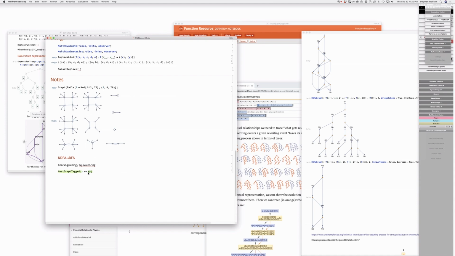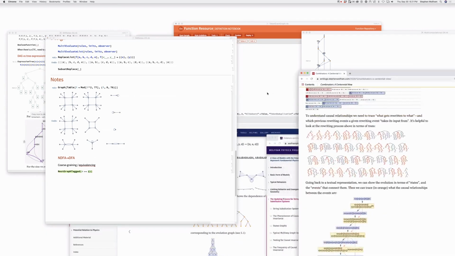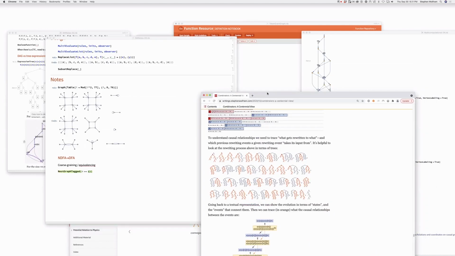It's the same thing as with a non-deterministic Turing machine. If there's a particular configuration of the Turing machine, is there just one next state or multiple next states? And the whole point is that for finite state machines, there's a construction that allows you to basically equivalence together. Well, let's see, how does this work? I'd have to look it up. Never mind, it's probably not relevant.